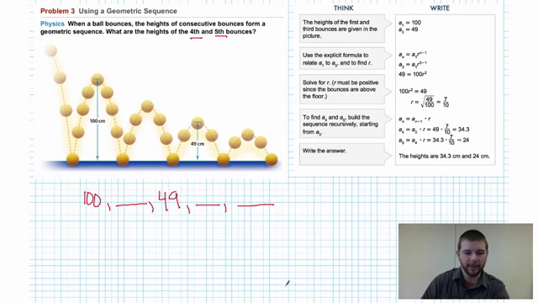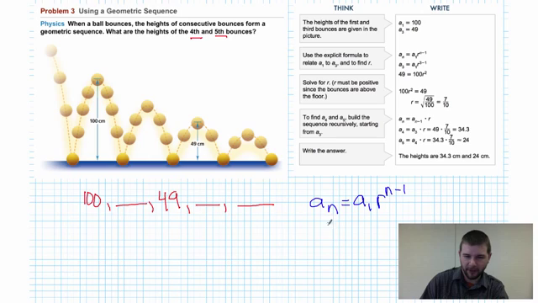So we'll use what we know about geometric sequences and the explicit formula for a geometric sequence, that any term a sub n equals the initial value a sub 1 times our common ratio raised to the power of n minus 1. We know the third term's value. That's going to be helpful.